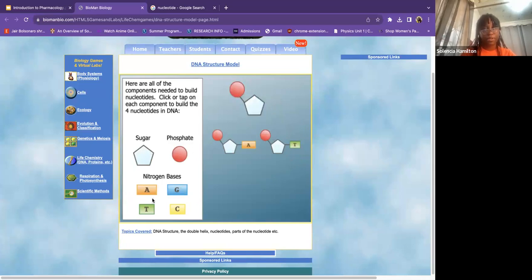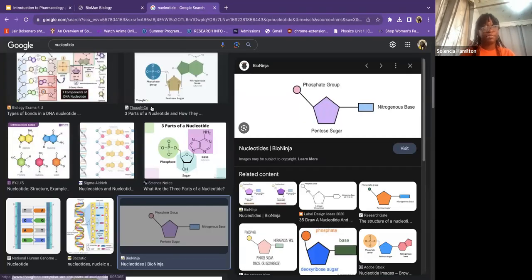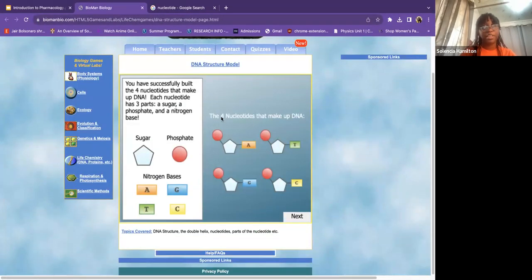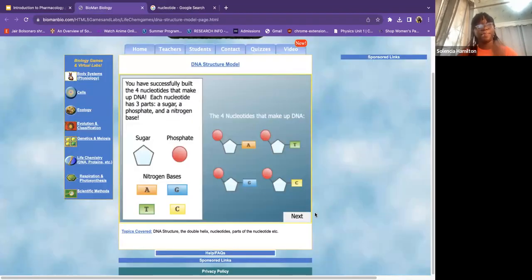Okay, I have to build 4 of them before we can move on. So the names are a little bit complex, but they're adenine, thymine, guanine, and cytosine. Okay, yeah, next.